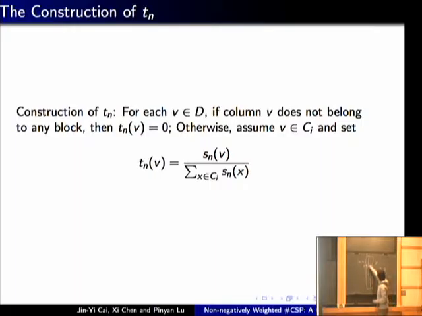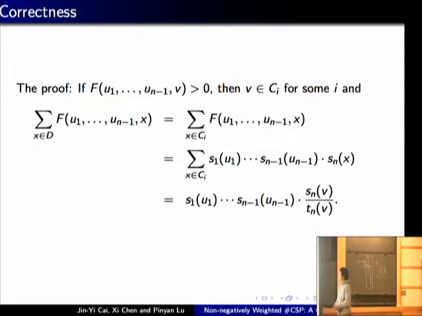So this is the column set of this block. Then we sum all the Sn entries in this block, and we divide by Sn of V, and we get this Tn vector.